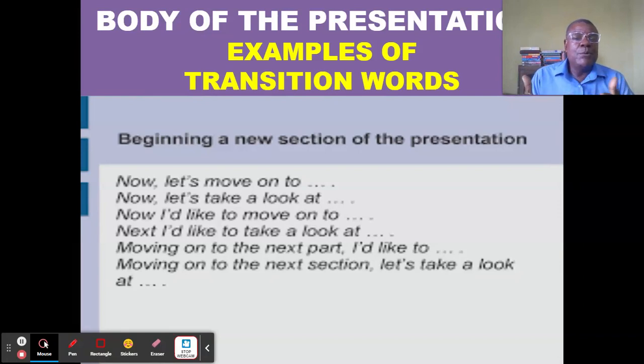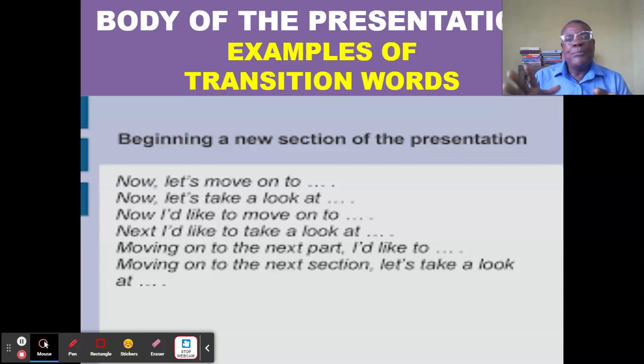But these examples are not meant for you to copy them like a copycat. Originality is the key to success in presentation. The hallmark of a good presentation is that your ideas have been generated naturally.